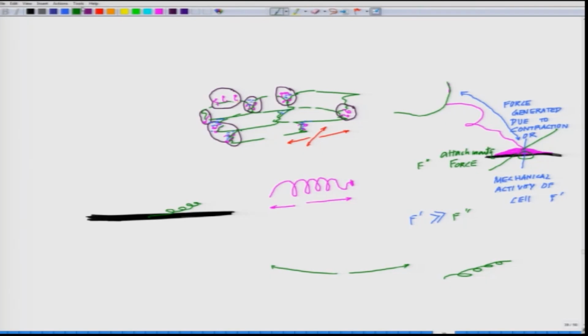and once your cells come and sit there, these cells are secreting something which binds like this. Let me change the color, that may confuse you. Let me use red, that will make life easier.